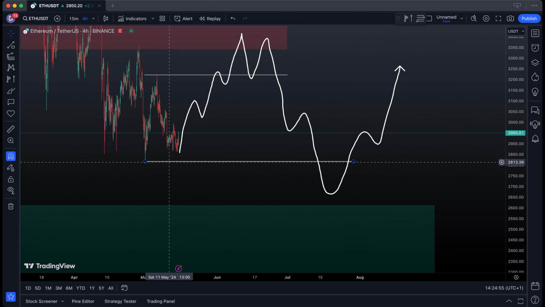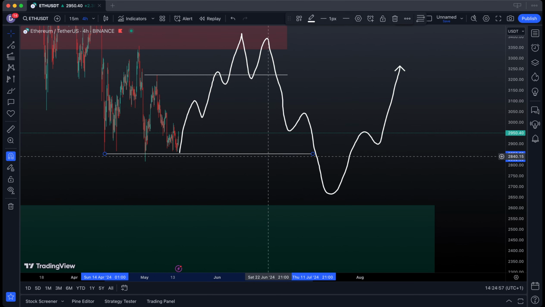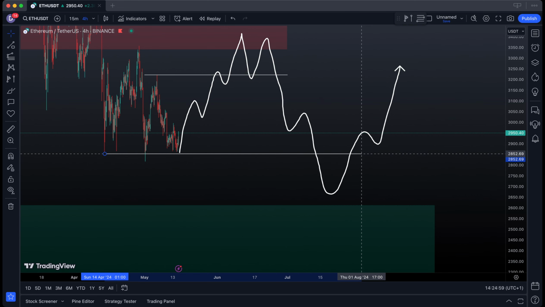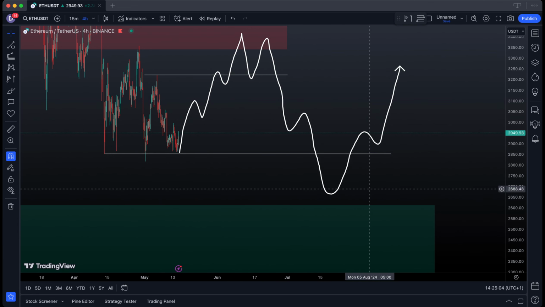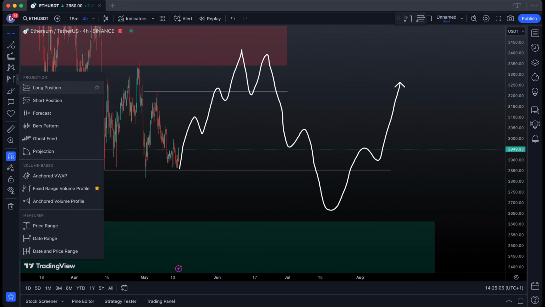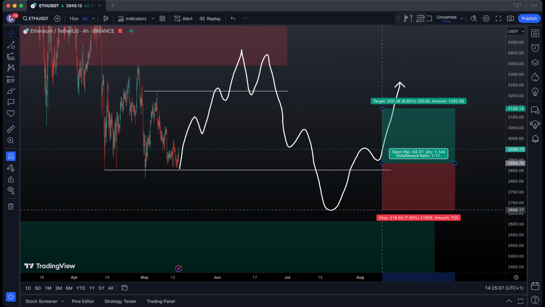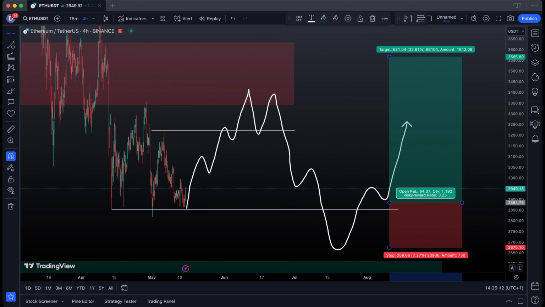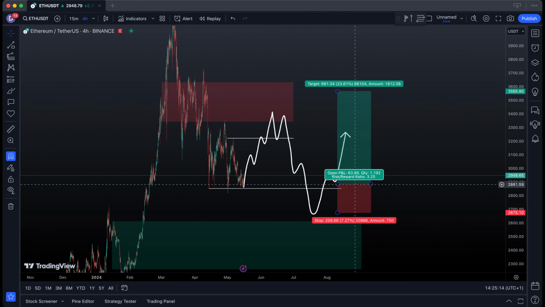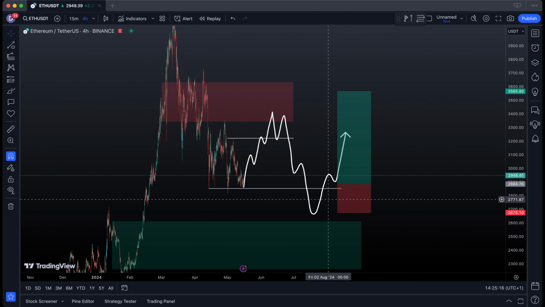You can also just highlight it like this. So I would essentially be waiting for this move up like so, and then you can put your stop loss at the low like this, and then look for your move up. So that's the only way that I would see in a trade after 2,700.